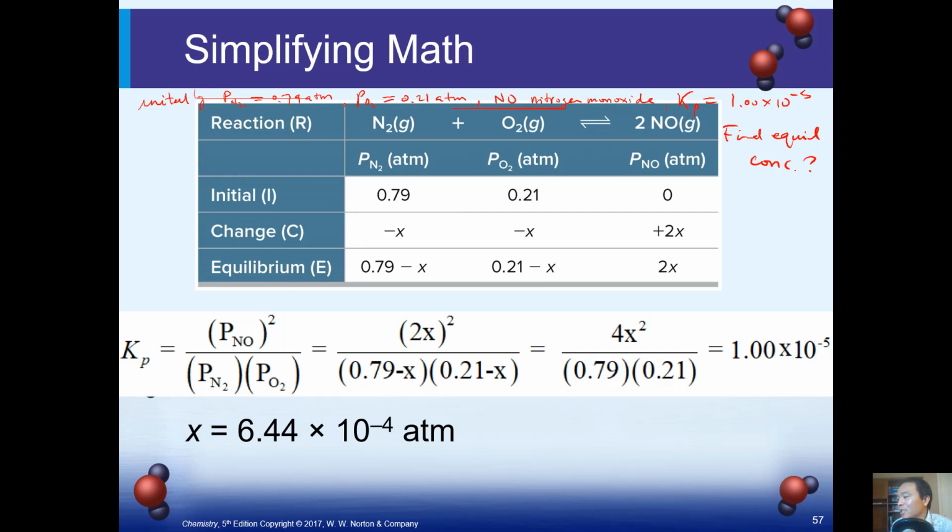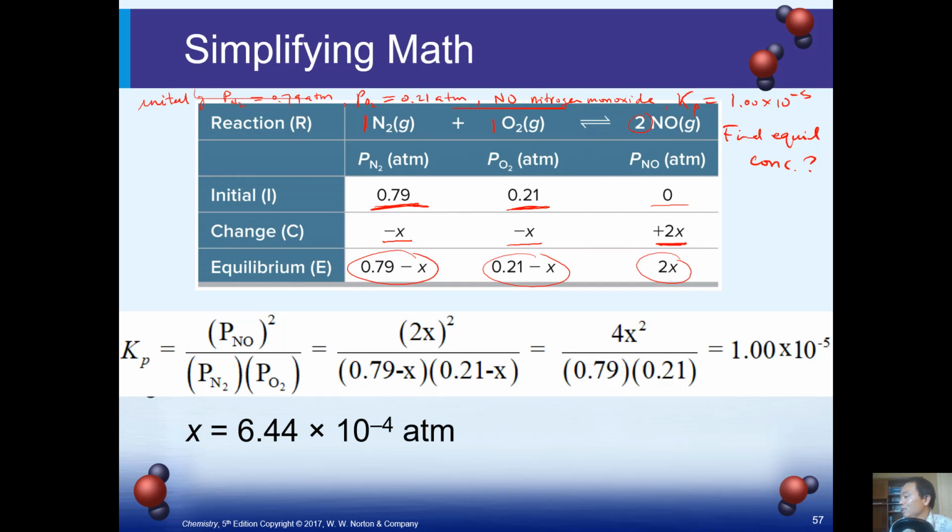To begin with, you put down the initial concentrations. Because you have no products, the reaction must shift to the right side. So you do minus x because you have a 1 before N2 and 1 before O2, and you put a plus 2x over here because you have a 2 before that. So you do the Kp expression using the final or equilibrium concentrations.